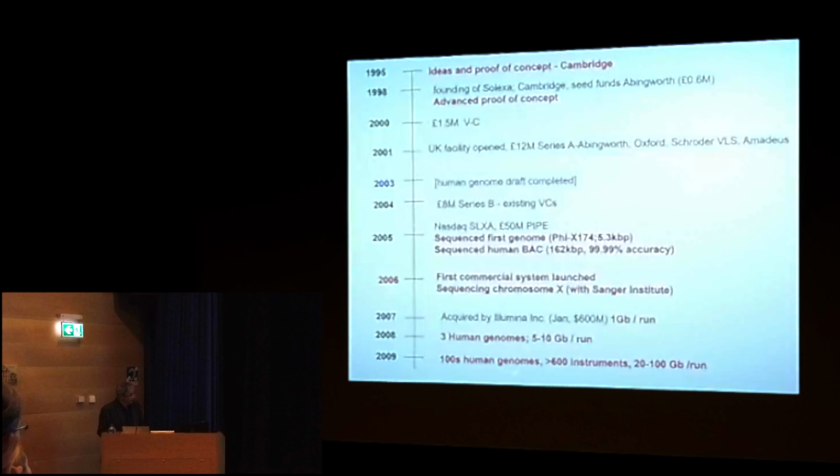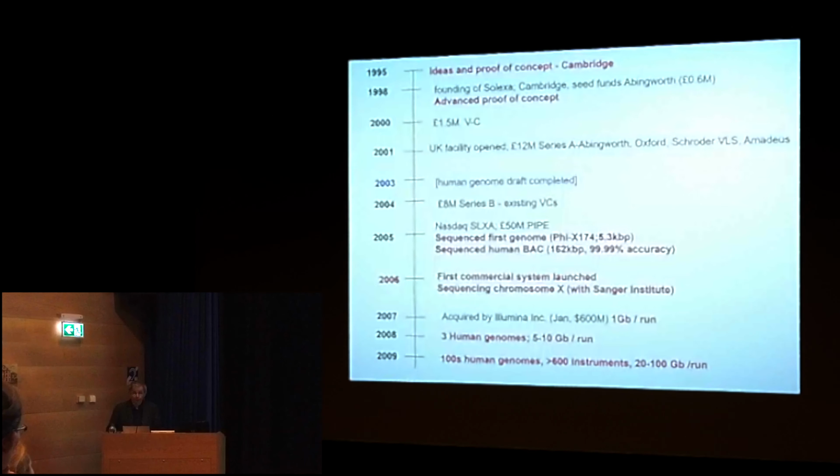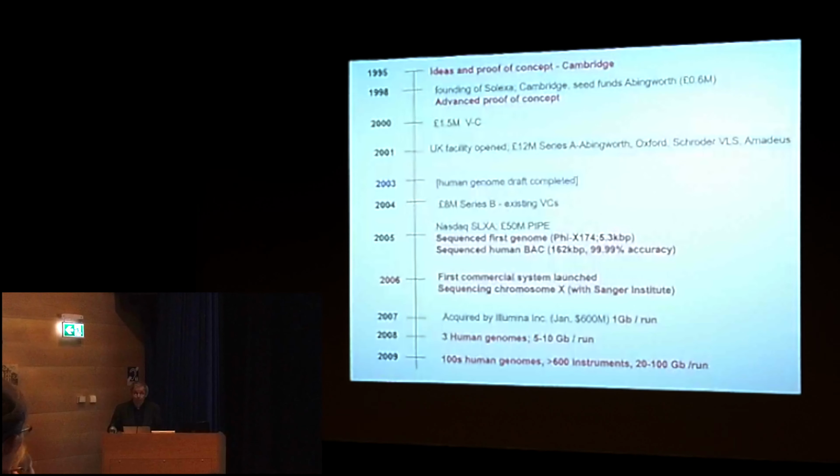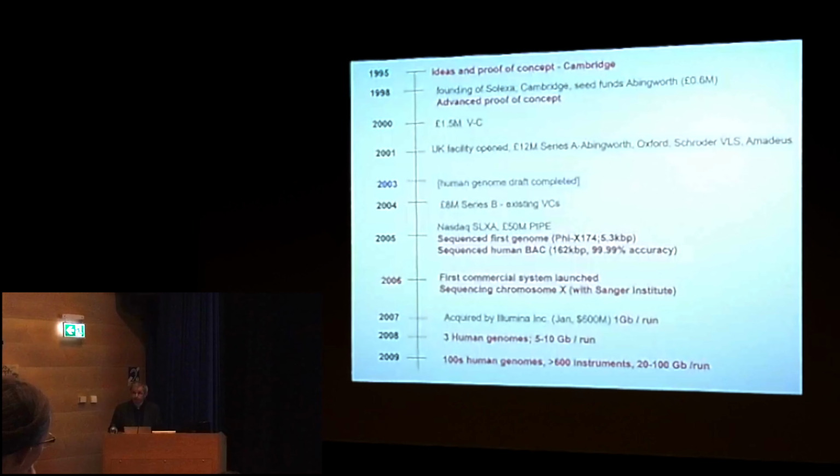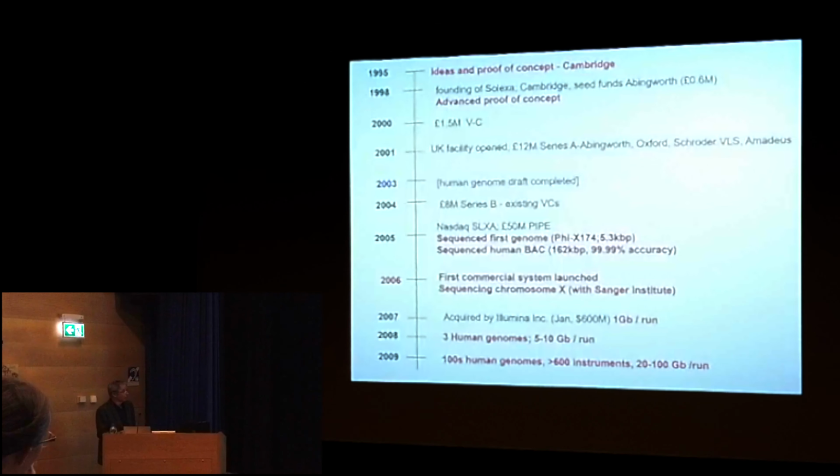I haven't extended this, but now there are about 3,000 instruments in the world. On the Illumina platform, 1 petabyte of DNA sequence was taken last year, so that's 10 to the 15 bases, and I think 90% of the world's sequence has been taken using the Illumina platform.